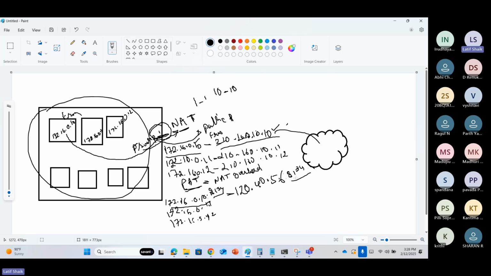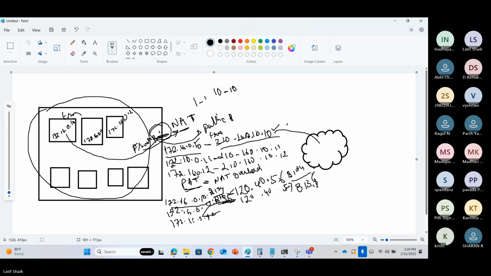When you are communicating, you need a public IP address. Same thing: if this one is communicating, some port number is assigned here. This is the port mapping technique to know to whom you are connecting for incoming packets.